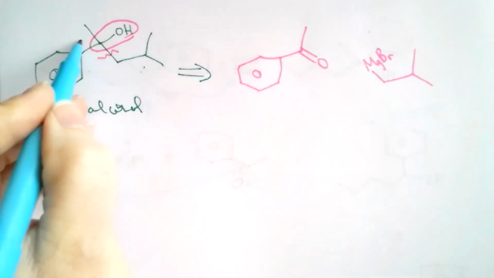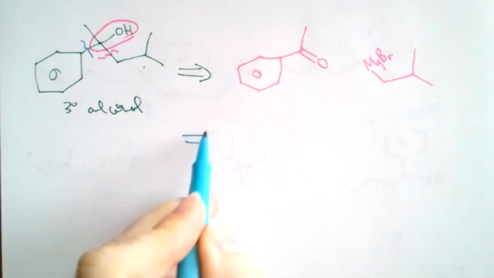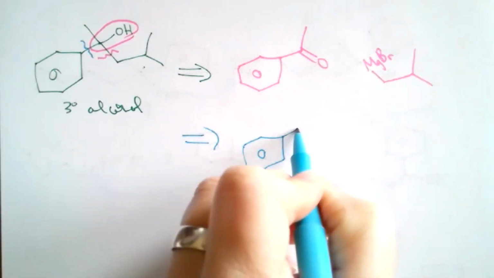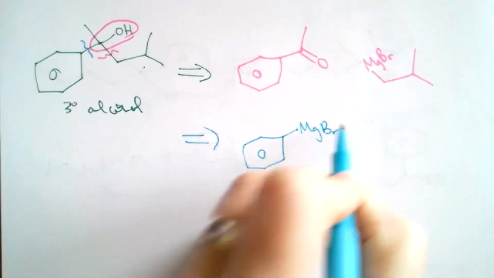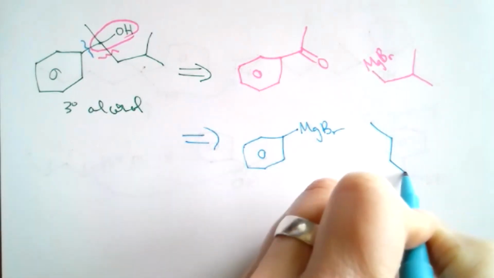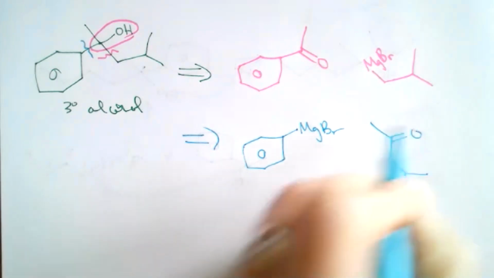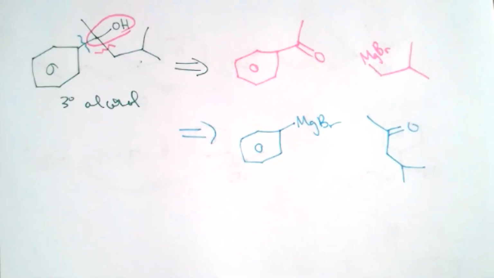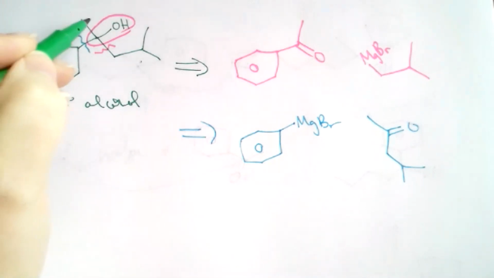We're going to do another one in blue. There's my Grignard, there's my ketone. We'll do the last one in green.